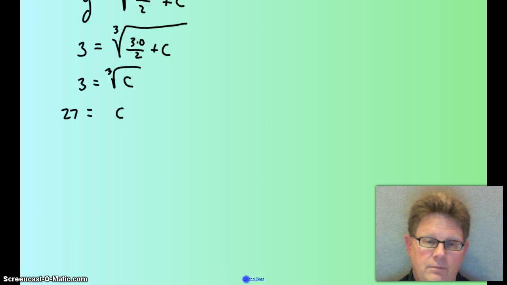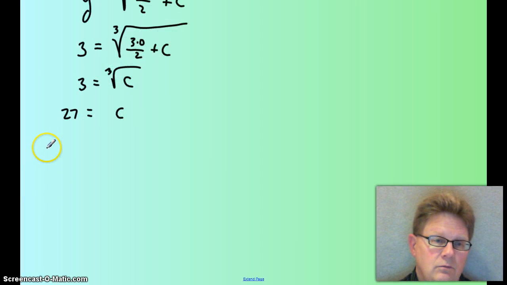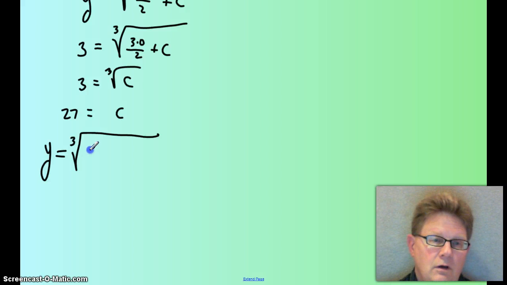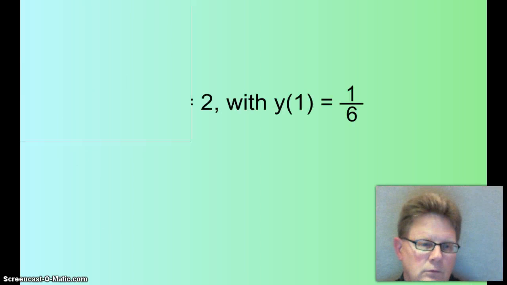So therefore, our function was y equals the cube root of 3x squared over 2 plus 27. There. We've solved that function for y.